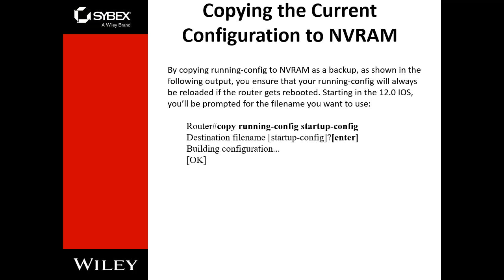Well, let me back up a step. Where is the running config normally stored? Okay, so Nathan says RAM, okay? And Nathan, what do we need to know about that RAM? What's special about that RAM?